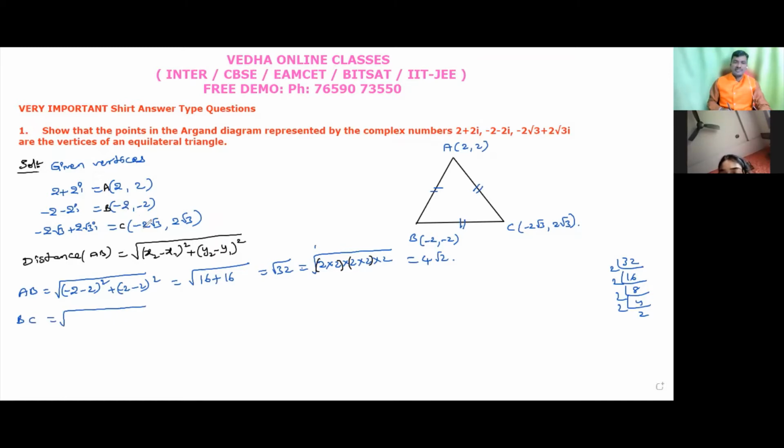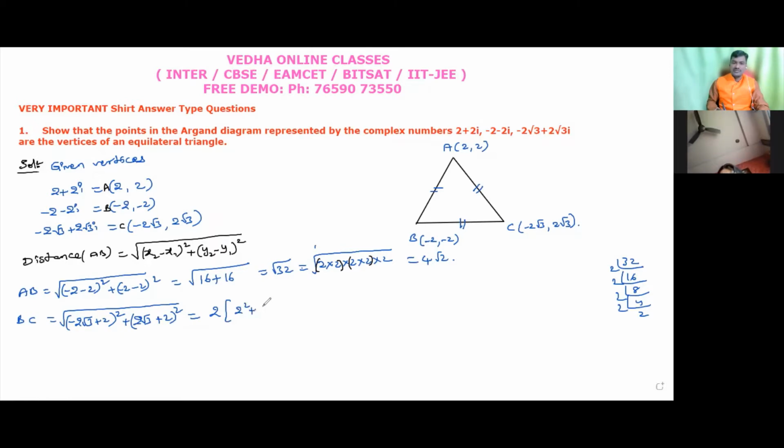The distance BC is the square root of (minus 2 root 3 plus 2) whole square plus (2 root 3 minus of minus 2) whole square. It is looking like (a plus b) whole square and (a minus b) whole square. The formula: (a plus b) whole square is a square plus b square plus 2ab, and (a minus b) whole square is a square plus b square minus 2ab. Minus 2ab and plus 2ab get cancelled, so we can write it as 2 into (a square plus b square).